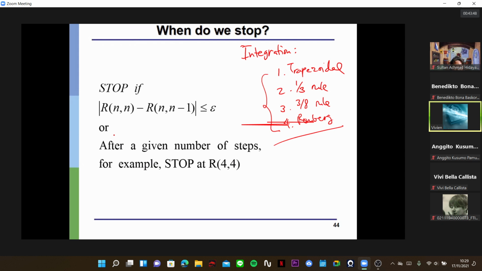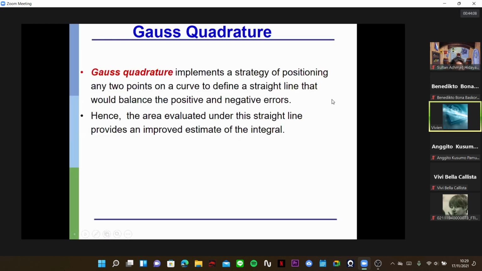Okay, so this is for integration. All right, any question? Okay, I hope that is clear enough. With this discussion lasting about the Romberg method, that is the method that we have discussed.